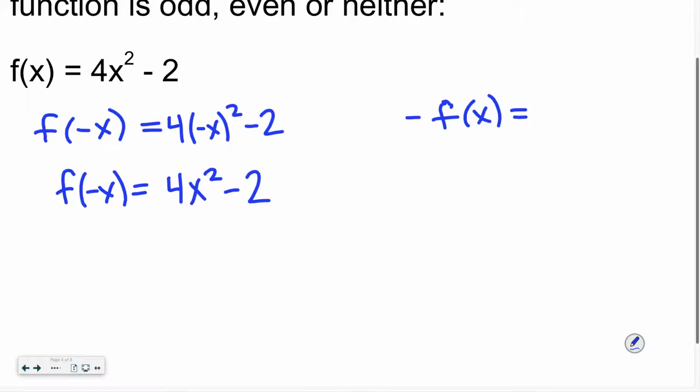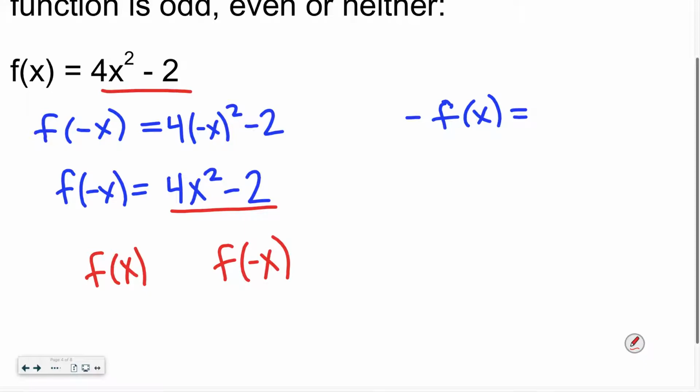Well, let's take a moment and think about an even function. Our algebraic definition was that f of x and f of negative x are the same. Is that true in this case? Are f of negative x and f of x the same? Everyone say yes or no real loud.